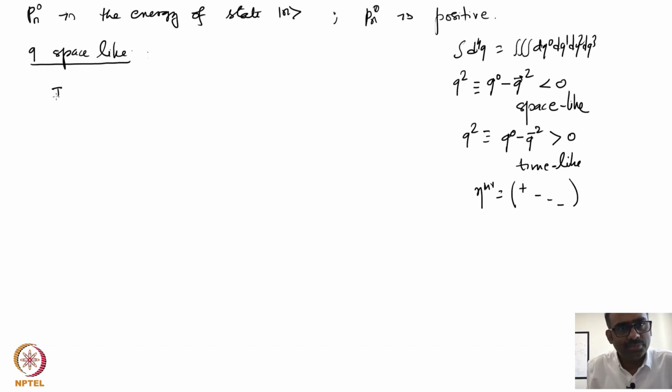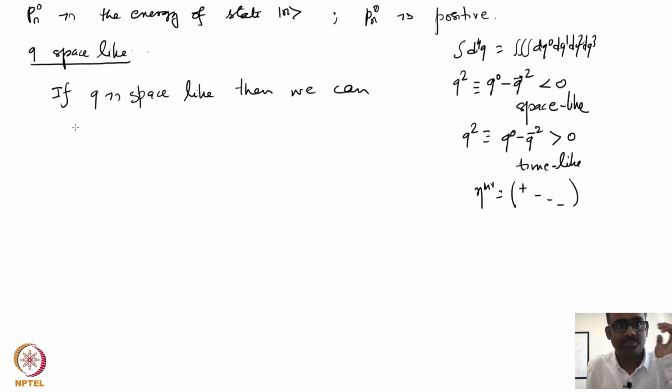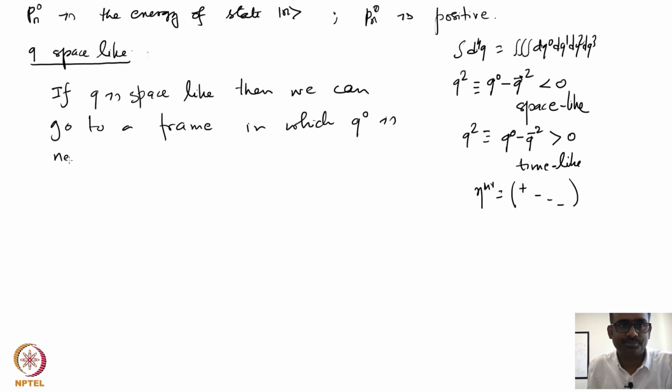So, if q is space-like, then we can go to a frame, or we can do a Lorentz transformation to a frame in which q naught is negative. See, even if you begin with q naught being positive, you can do a Lorentz transformation and make q naught negative. If this is something new to you, you can also see it in this way.